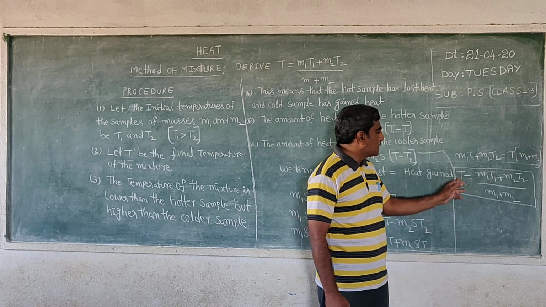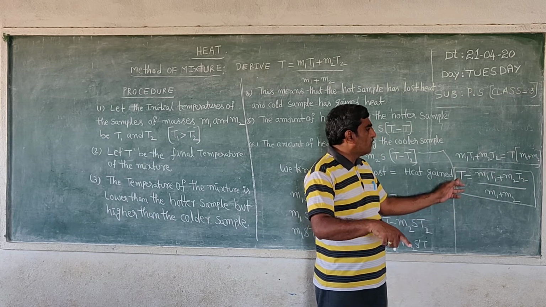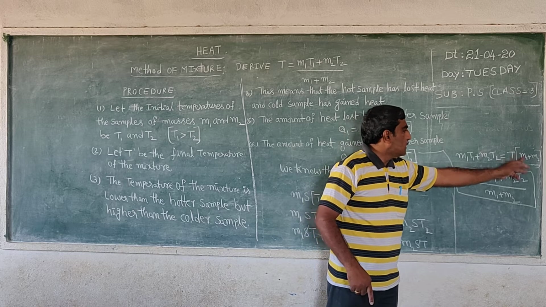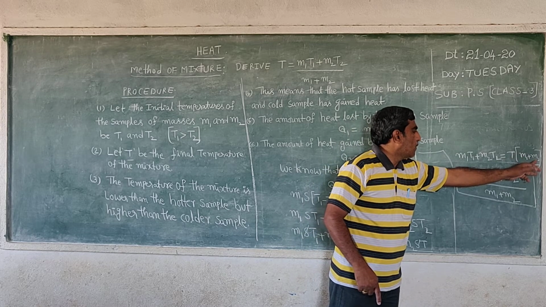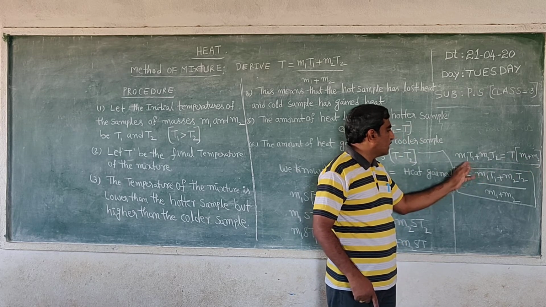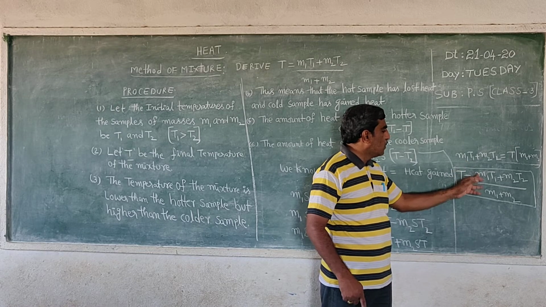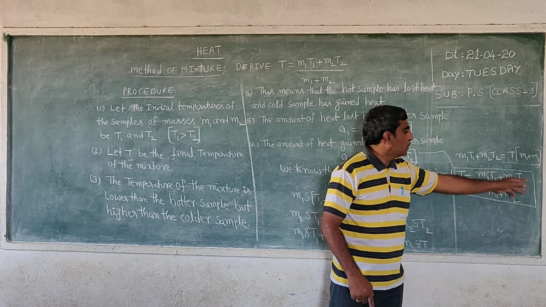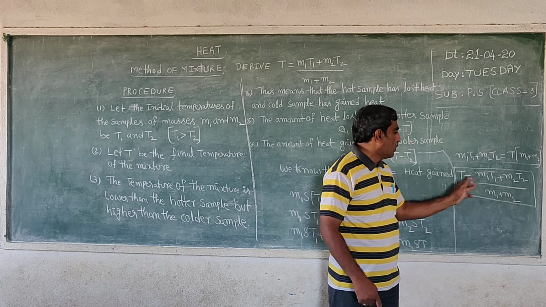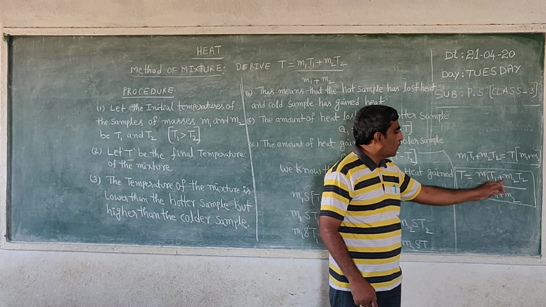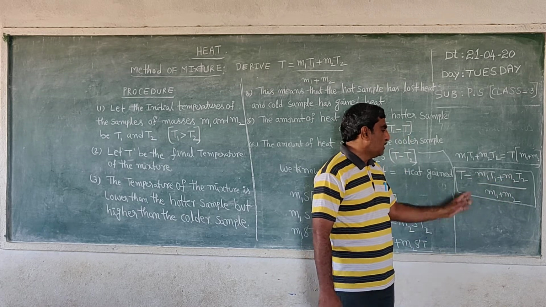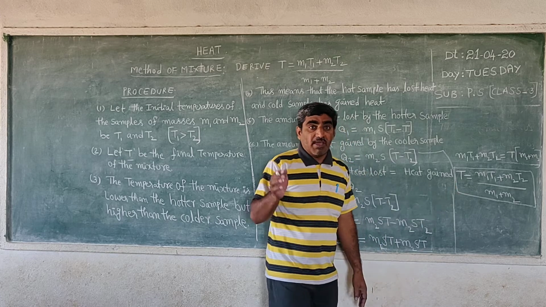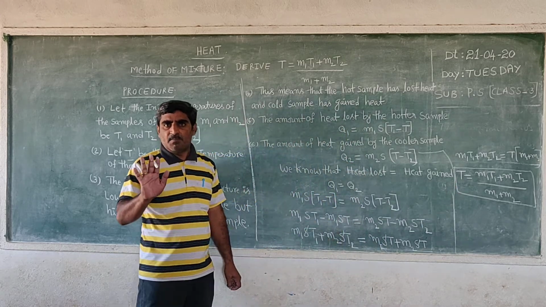So T is the final temperature of the mixture. The M1 plus M2 is multiplied here, so taking it to this side it divides. T equal to M1 T1 plus M2 T2 by M1 plus M2. This is the formula for the final temperature of the mixture.